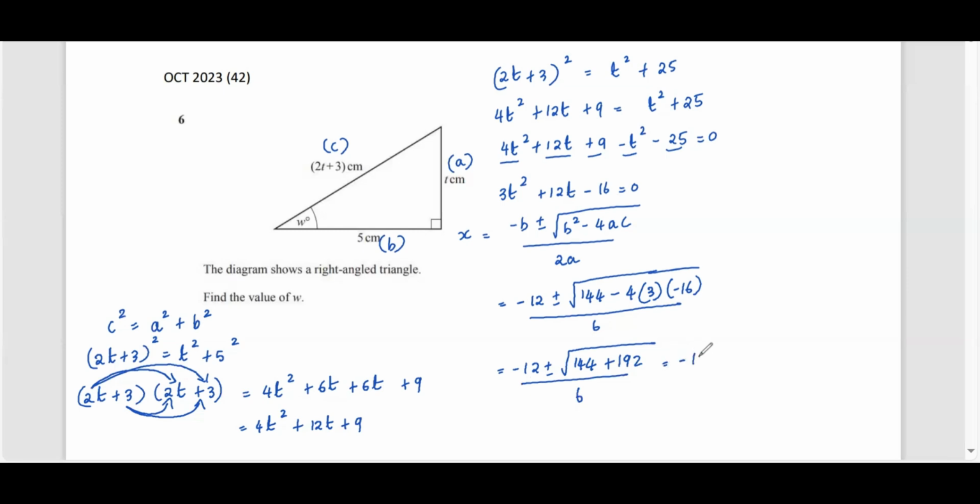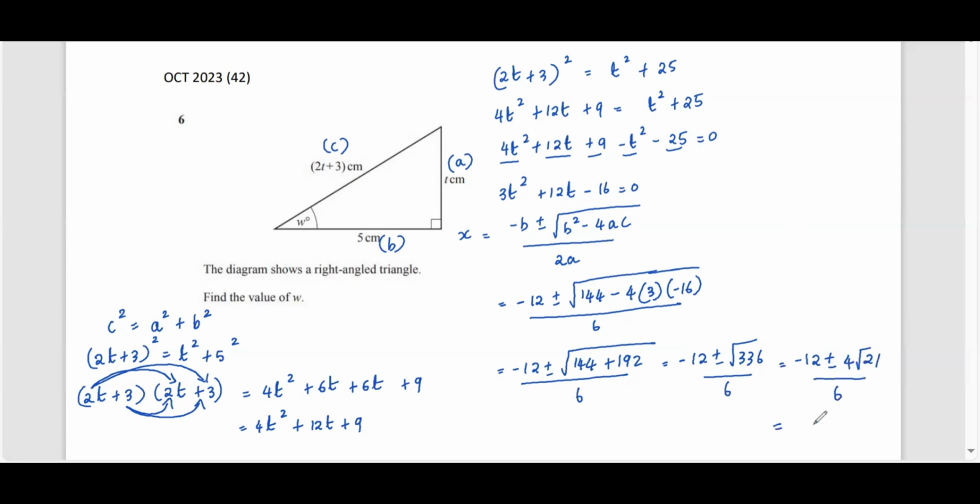So this is minus 12 plus or minus 192 plus 144 will give us 336. So square root of 336 divided by 6. So this will be minus 12 plus or minus square root of 336, which is actually 4 root 21, divided by 6.